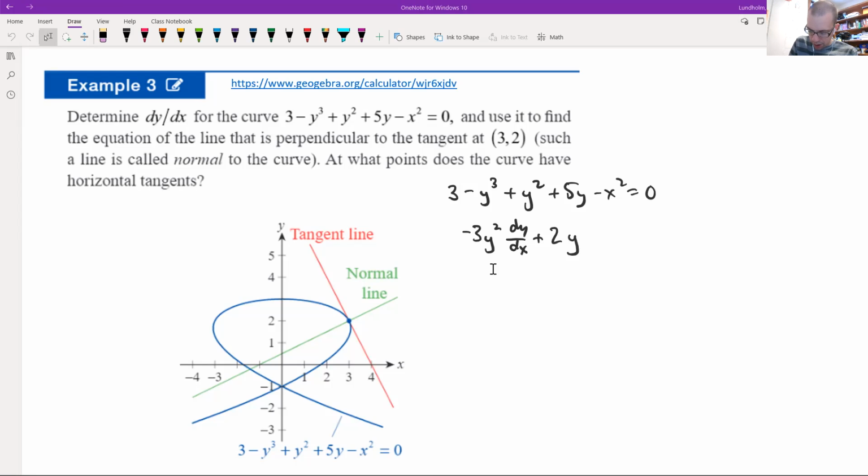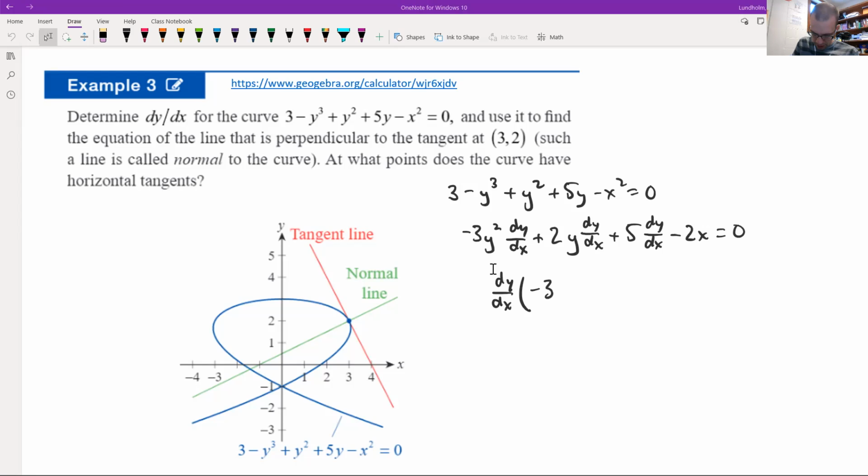Likewise, we'd have 2y times dy dx for the next part. For the next part, we would have 5 times dy dx. And then we'd have minus 2x and 0 over on the right-hand side. Now we can collect all of those terms that have dy dx, pull that out front.